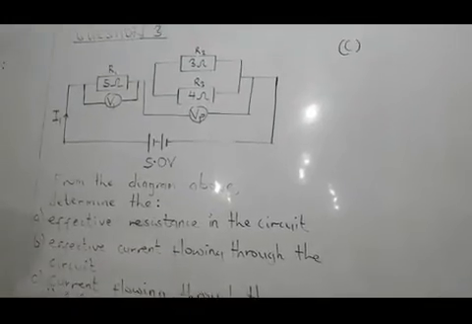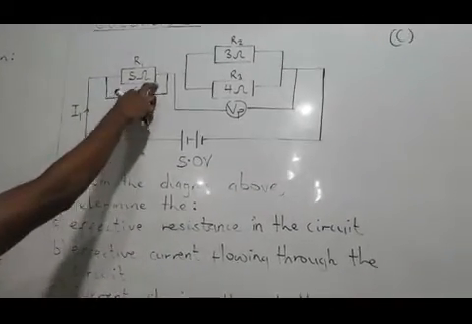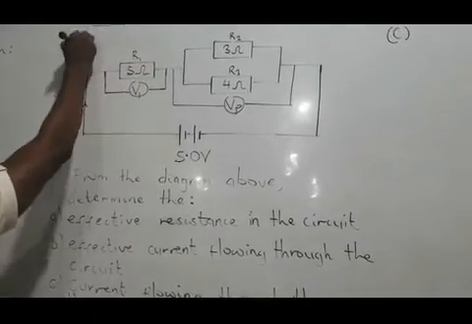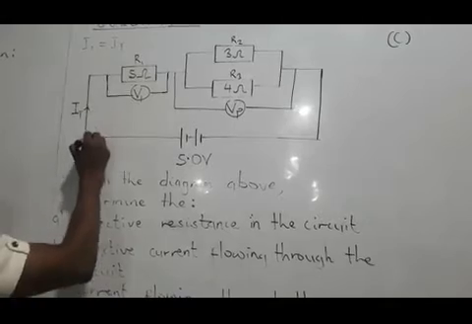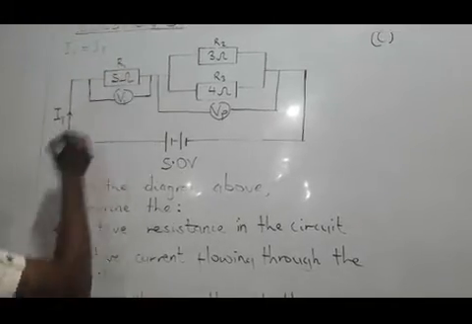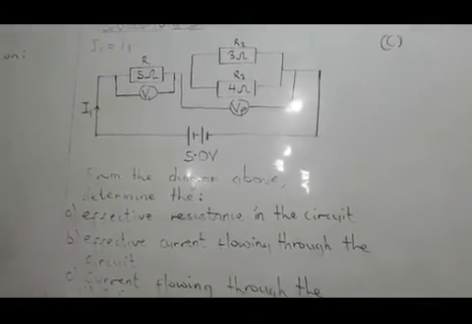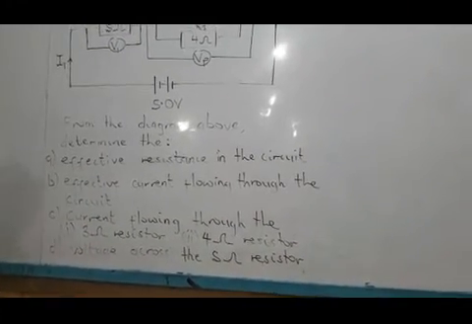So supposing you are asked to find the current flowing through the 5 ohm resistor, for instance, that is I1. Your I1 will be equal to I2 because it's the same total current that is going to flow through the R1. So that will also be equal to the 0.745 amperes that we calculated.